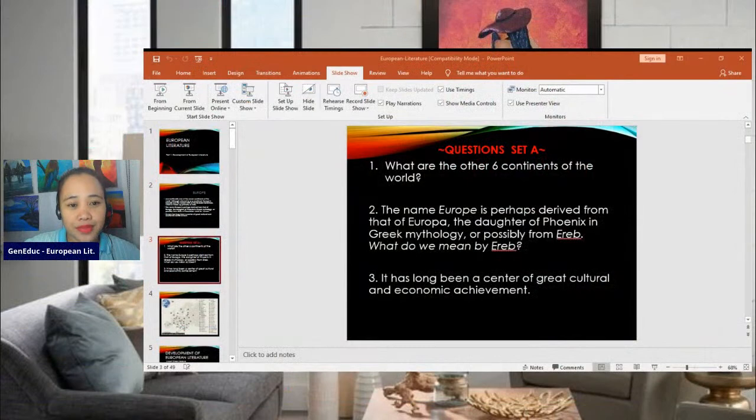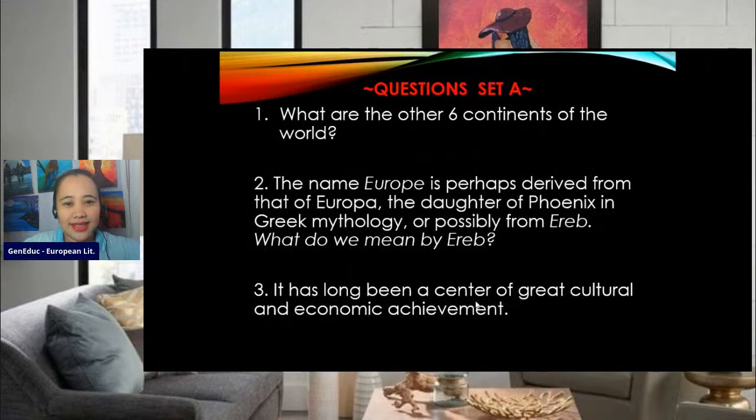All right, let me start. So we have here the development of European literature. When we say Europe, conventionally it is one of the 7 continents of the world.